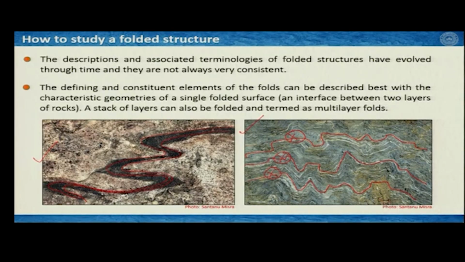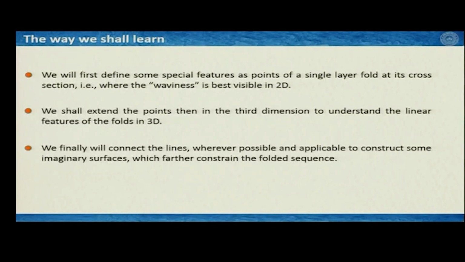So, how will we proceed in this lecture? I wanted to give you this slide to show that we will proceed in a very structured manner, as written in this slide. We will first define some special features as points on a single layer fold at its cross section.